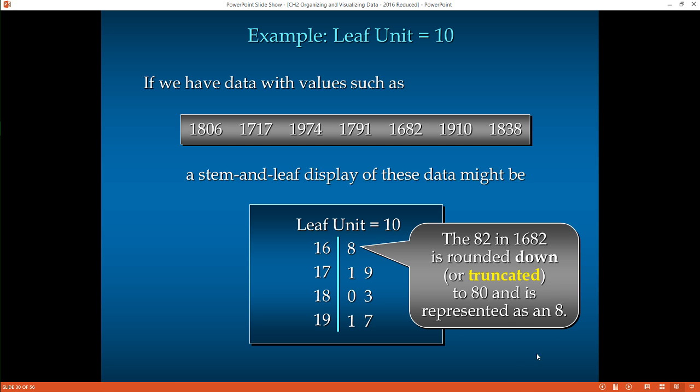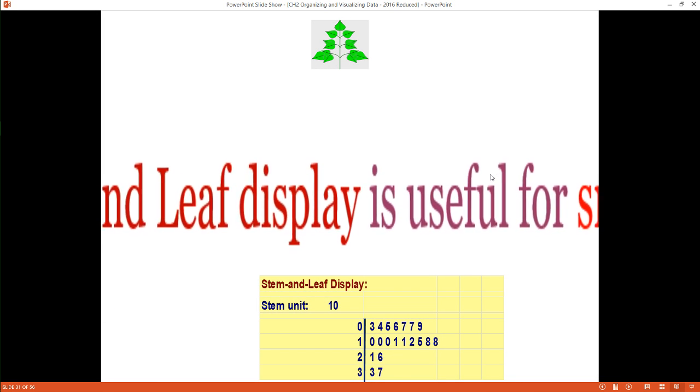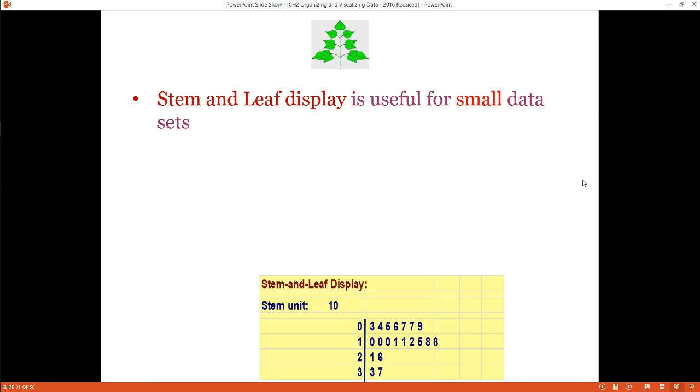So what I already said: truncated, rounded down. Of course, then even this 1,717 is rounded down to a 1, or 1710, right? So kind of weird to truncate things instead of rounding, because we would think, oh, you round this, it's actually 1720, but nope, don't typically do that in stem and leaf displays. You don't need to worry about it. I won't give you any like that.